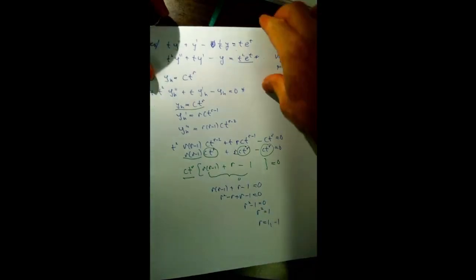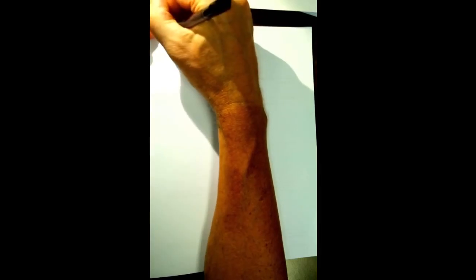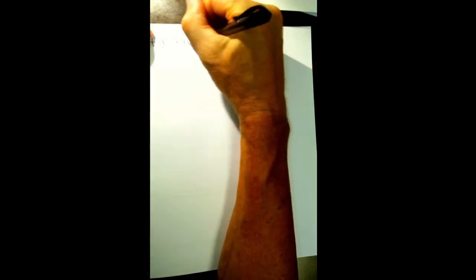All right, so what do we have at this point? Going back to our particular solution, and I'm looking for it in Cauchy-Euler form, t squared y double prime plus ty prime minus y is t squared e to the t.